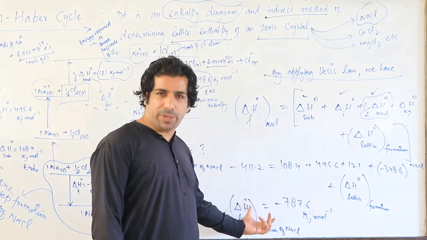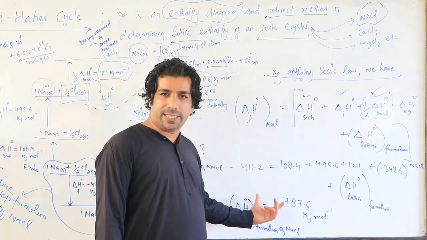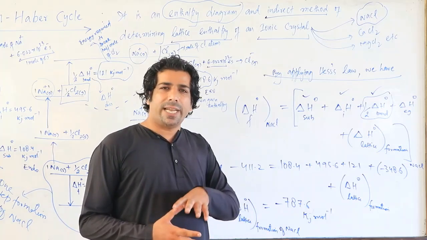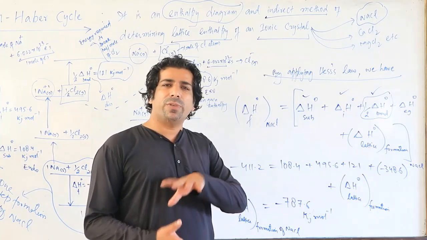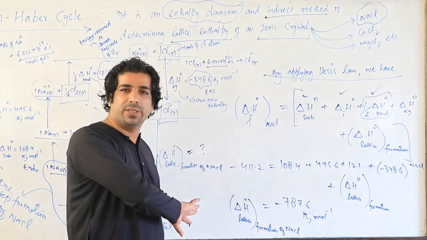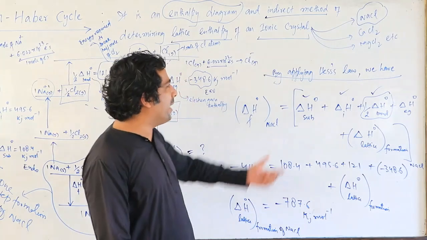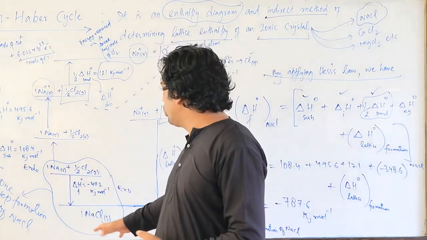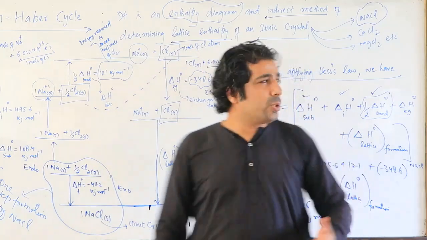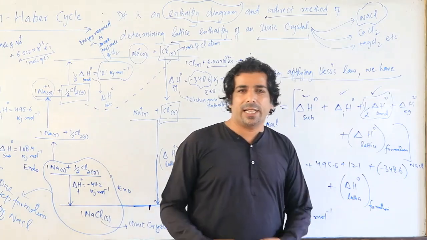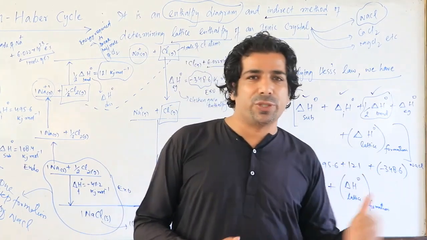When we know the lattice enthalpy of formation of an ionic crystal, then we can easily calculate the standard lattice enthalpy of dissociation, because exactly the value will be reversed. And it's not only for NaCl, you can use it for any ionic crystal, but you have to go through the same process. You have to apply Hess's law, and finally you will calculate the standard lattice enthalpy of formation.